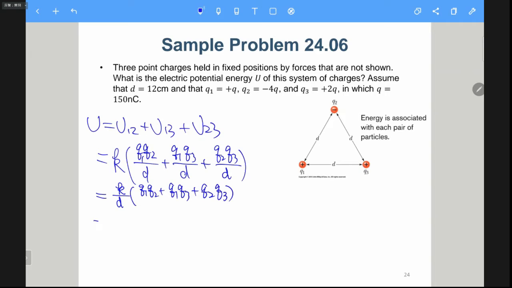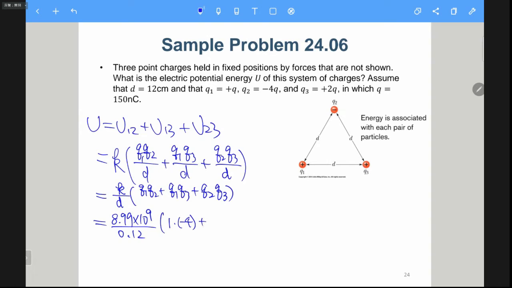Okay, so we can just plug in the values. k is 8.99 times 10 to the 9th power. d is 12 centimeters, 0.12. And then Q1 Q2, Q1 Q3, Q2 Q3. Q1 is 1 times Q2 is -4.